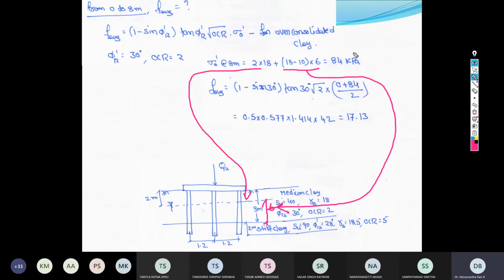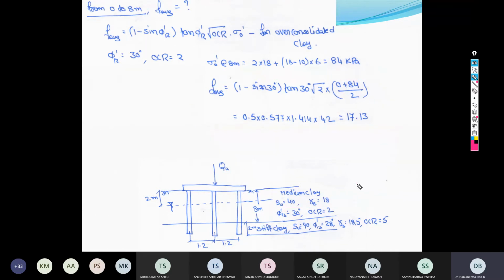Now, if you recall the beta method, sigma naught is nothing but the average effective overburden pressure. It is not the whole value. It is the average initial effective overburden pressure. So try to draw the earth pressure distribution diagram. This is how it looks. Up to a depth of 8 meter, at the ground surface it is 0, and at a depth of 8 meter it is 84 kilopascals.